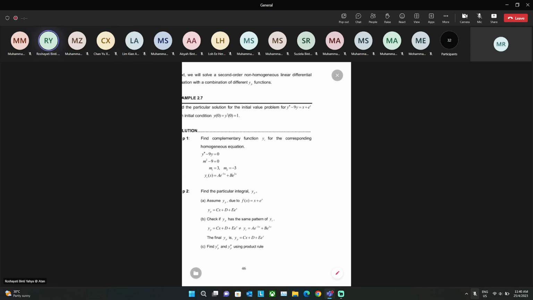Yes, correct, because this second step is about YP. If you multiply x to YC, you will change the value of YC. But YP is what we are looking for, so we focus on YP. If you multiply x to YC, even if you get a different result, it is already wrong. It seems only 2-3 people are in my class. The others are eating Raya cookies. Are the others okay? Daniel? Okay.